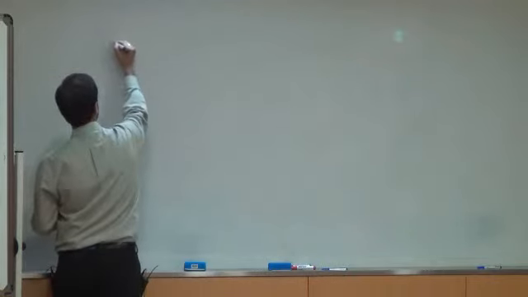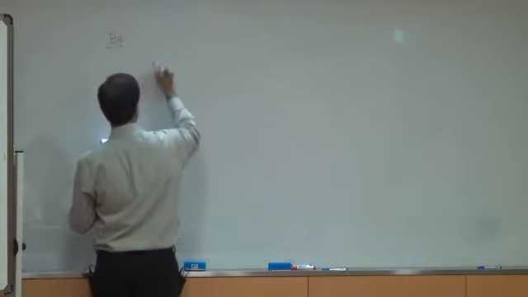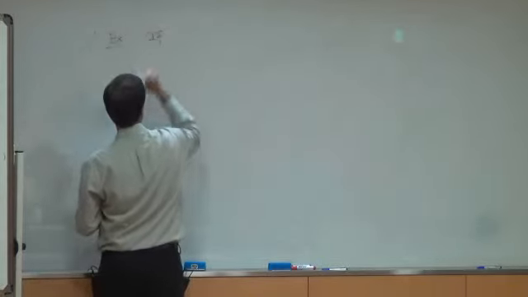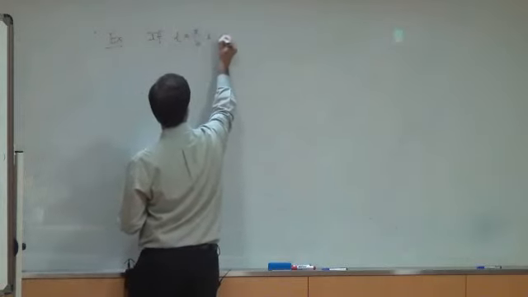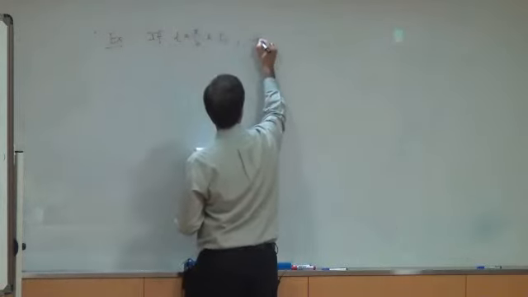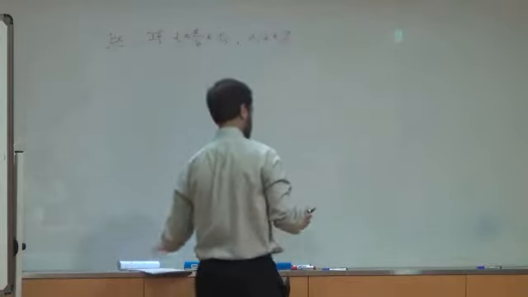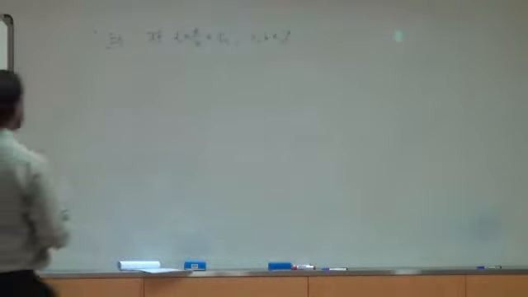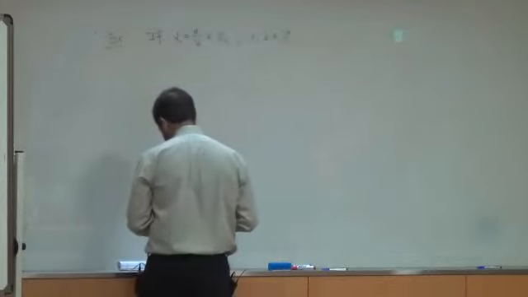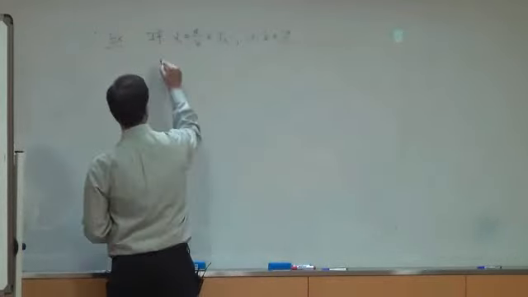So in terms of the ring of integers, what is the ring of integers of Q? Well, if t is a over b, which is in Q, with a and b in Z, then of course t satisfies the polynomial bt minus a equals 0.